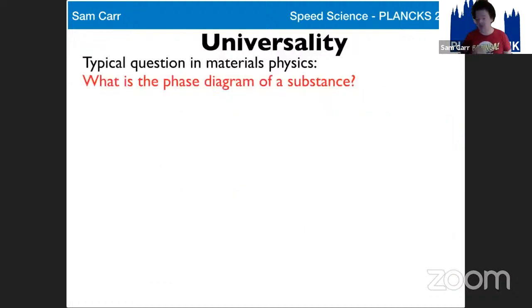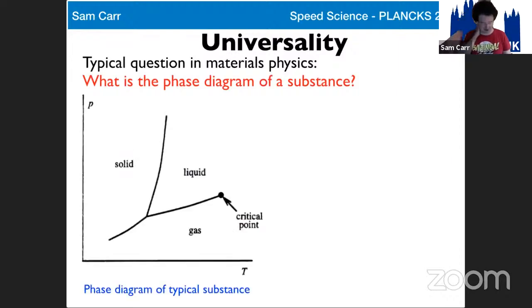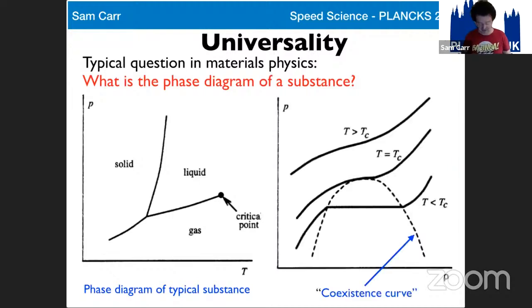So as an example of this, you can ask the question, what's the phase diagram of a substance? Here's a typical substance, for example, water: there's solid, there's gas and liquid. But let's just draw it in a slightly different way. Hopefully those of you who are undergraduates who have taken a thermal physics course recently have seen pictures like this. I'm drawing it as a function of density at different temperatures.